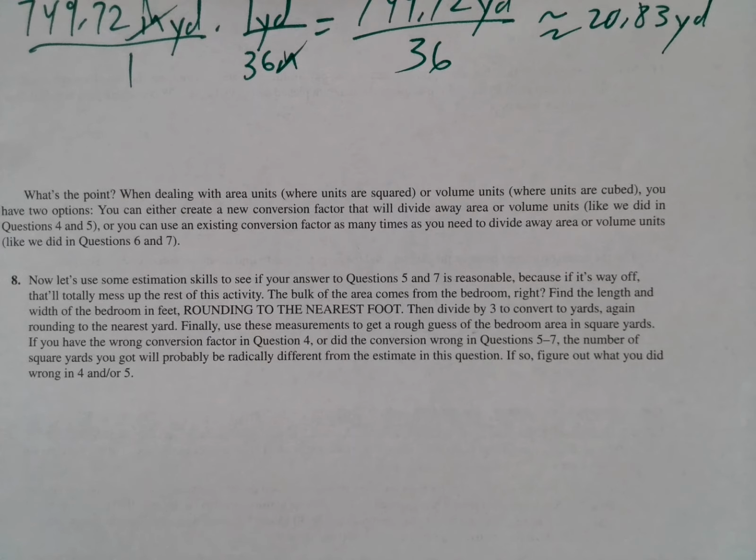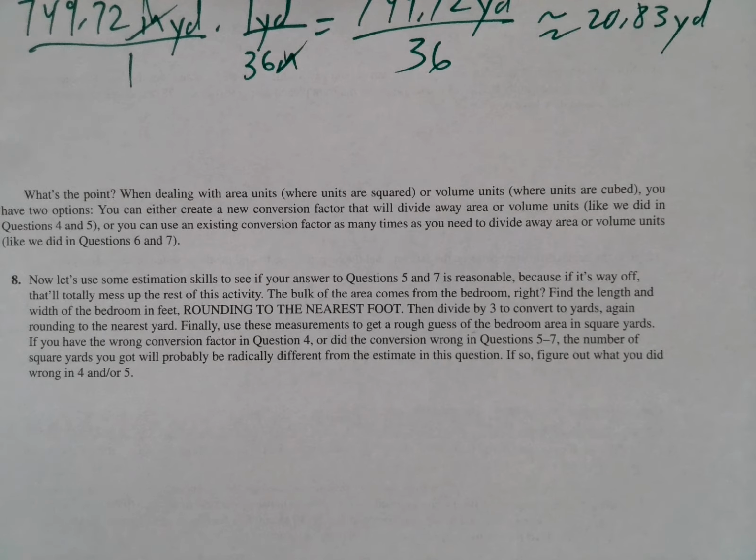Again, round it to the nearest yard. Finally, use these measurements to get a rough guess of the bedroom area in square yards. If you have the wrong conversion factor in question 4, or did the conversion wrong in questions 5 through 7, the number of square yards you got will probably be radically different from the estimate in this question. If so, figure out what you did wrong in 4 and or 5.